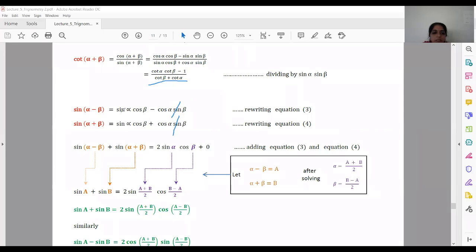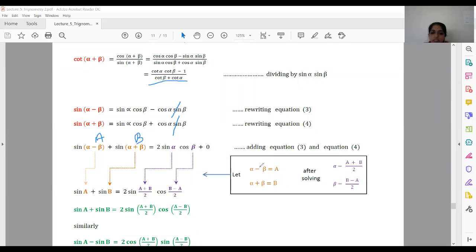Now the remaining term is sin alpha cos beta plus sin alpha cos beta, that is 2 sin alpha cos beta. So if we take alpha minus beta as A and alpha plus beta as B, alpha minus beta is A, alpha plus beta is B.